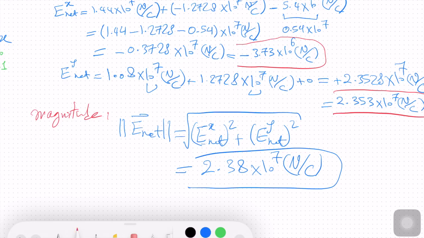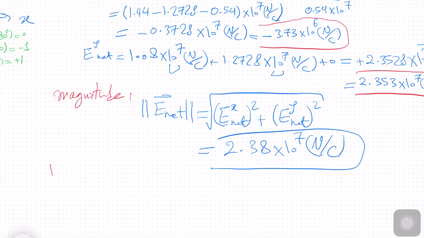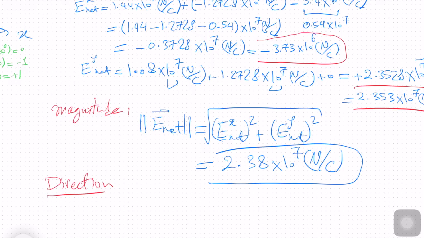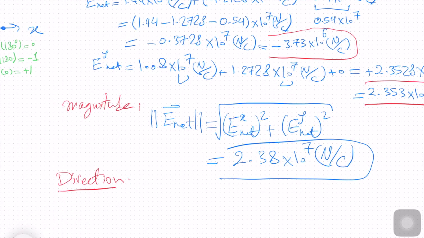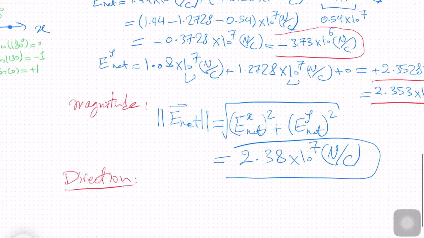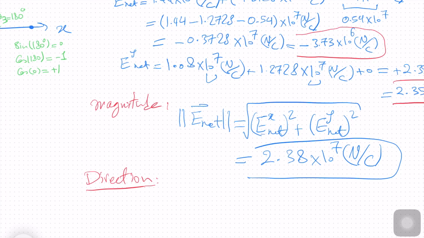Now, if the problem also says or uses the phrase find the direction, it's a bit ambiguous. I will try to avoid asking questions like that because technically if you know x and y, you know the direction, but I'll try to be more specific.